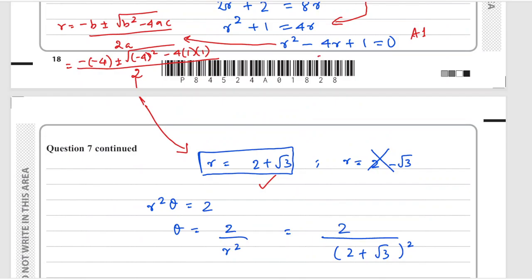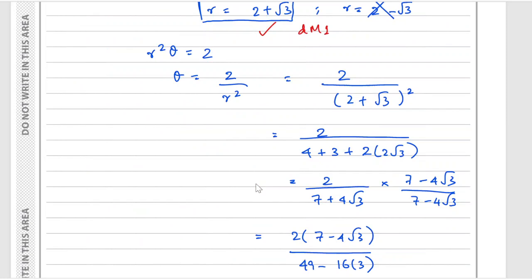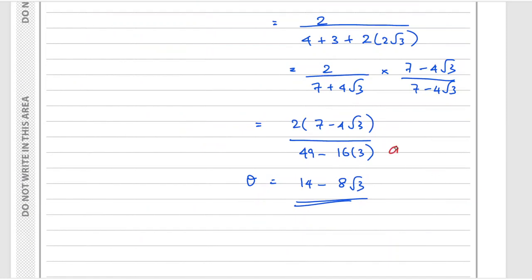The second method mark is dependent on the first. Again, if you get this part correctly, you'll get the next method mark. And there is one more method mark related to the calculation of the theta value. And if both the r value and the theta value are correct, you'll get the last accuracy mark.